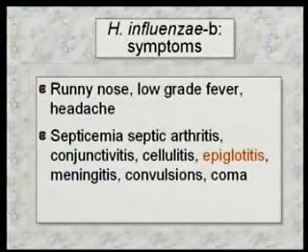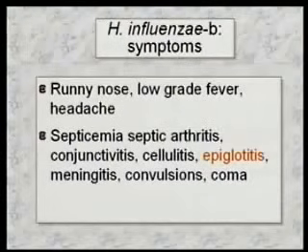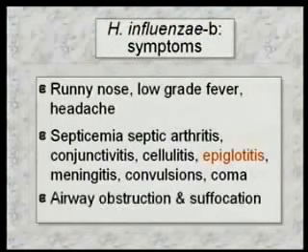Septicemia ensues very, very quickly. It can cause septic arthritis, conjunctivitis, cellulitis, and most importantly, the characteristic feature being epiglottitis. And as it progresses, within those 2-3 days, it will cause meningitis, convulsion, and coma. Those are the very important symptoms.